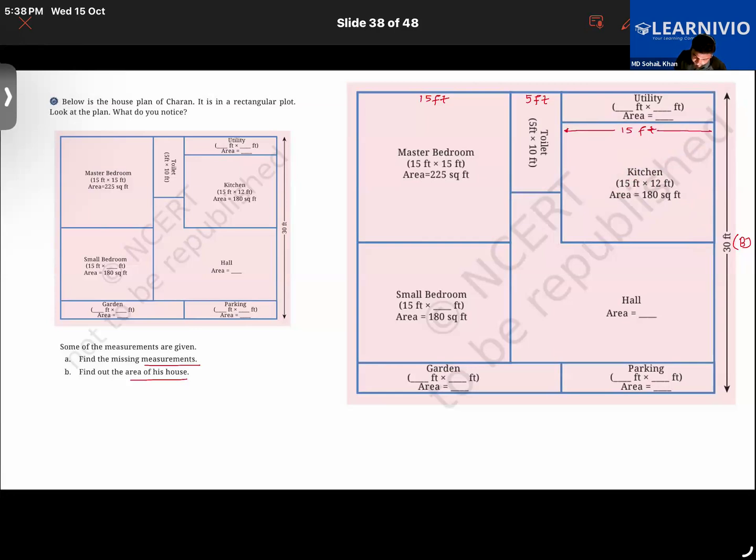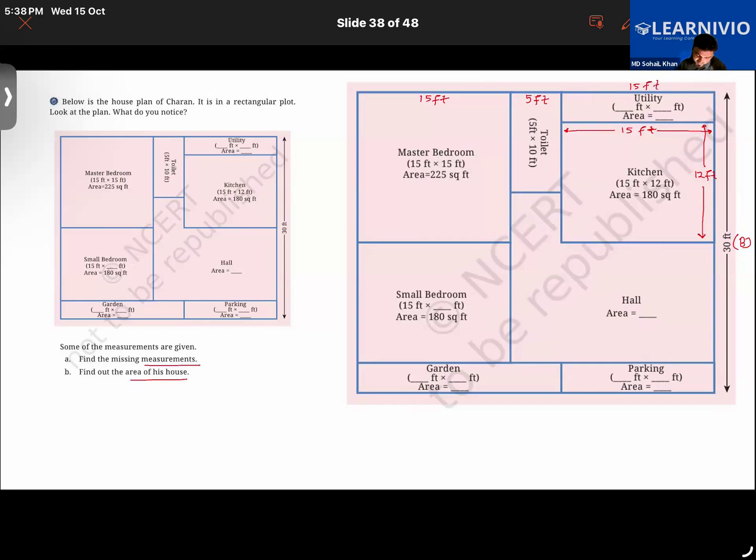Because length is always more than the breadth, this is 15 feet, and that is the breadth as 12 feet. So if this much of length is 15 feet, this much of length should also be 15, isn't it? Able to understand that? So that is also 15 feet.